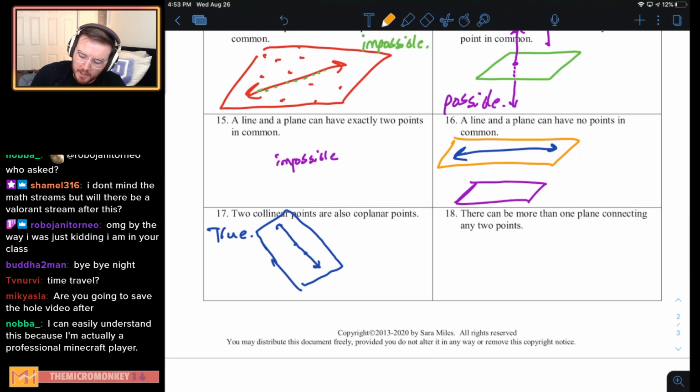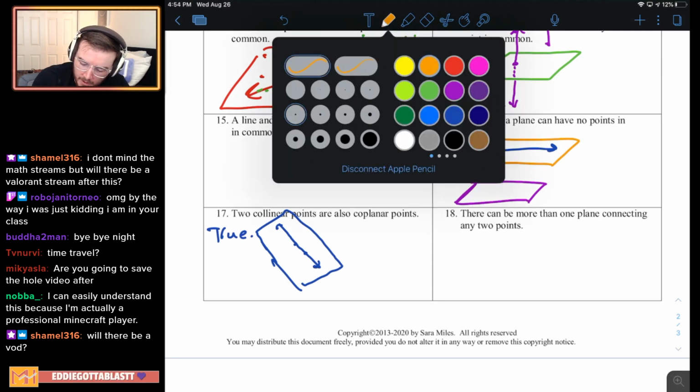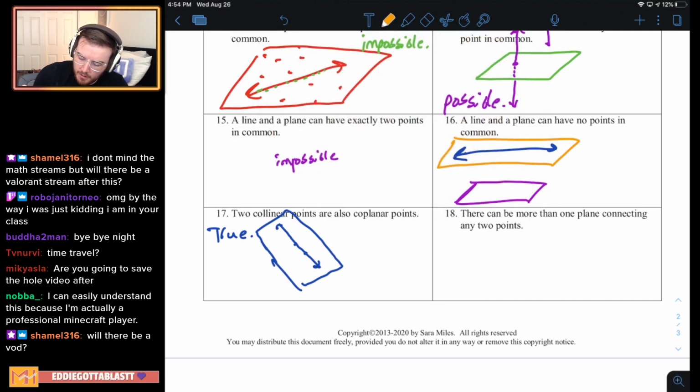There can be more than one plane connecting any 2 points. The answer, if I have this point and this point, I would say, oh, this is so hard to draw. Imagine this plane extending forever, right?